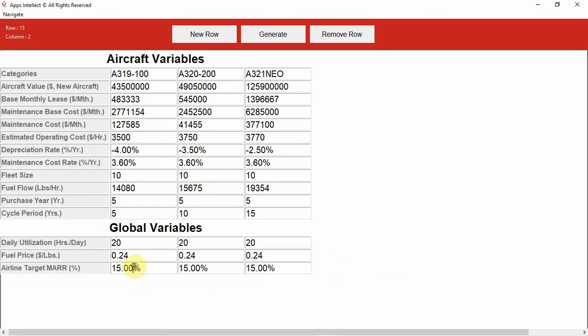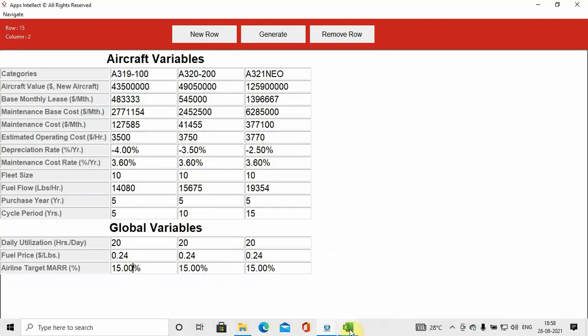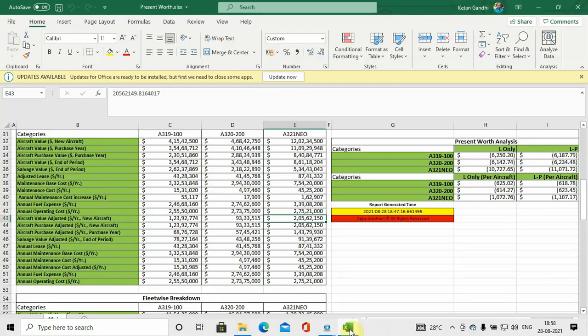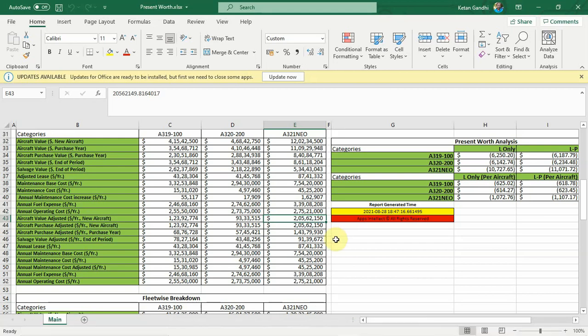This is 15%, and then we'll take into consideration the cycle periods, that is 5 years, 10 years and 15 years for the three fleet types. And then we'll have the value of the aircraft which has been discounted.